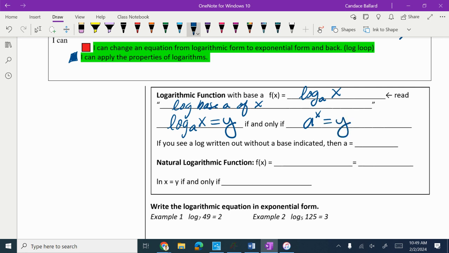So what happens is the base becomes the big number. And then we swap, where I wrote it down wrong. It's not x, it's y equals x. So a to the y equals x. And then we switch these around. We're looping them around. That's why I call it the log loop, because it's logs and we're looping.